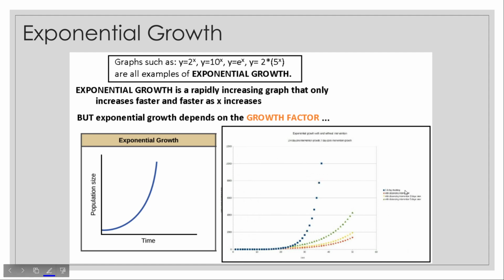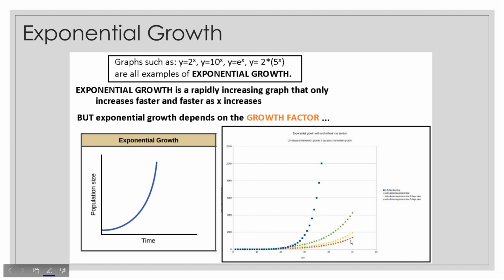Now, you do see exponential growth still when you start doing things like social distancing, isolation, different stuff like that, but it's going to slow down how fast this virus is actually spreading. So it is still exponentially growing, but the growth factor is not as high.